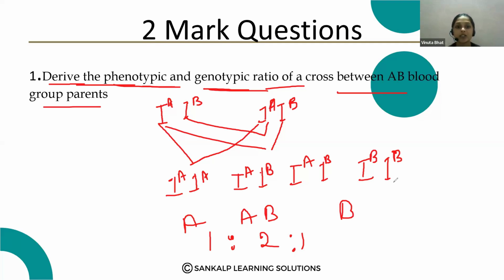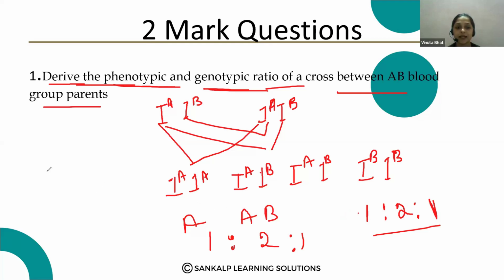Then what is the genotypic ratio of these blood groups? Here IA IA is A blood group, 1; IA IB is AB blood group, 2; and IB IB is B blood group, 1. So the genotypic ratio is also 1:2:1.